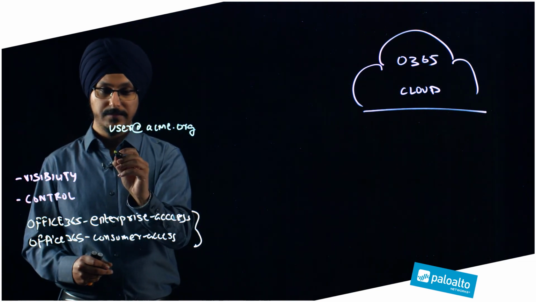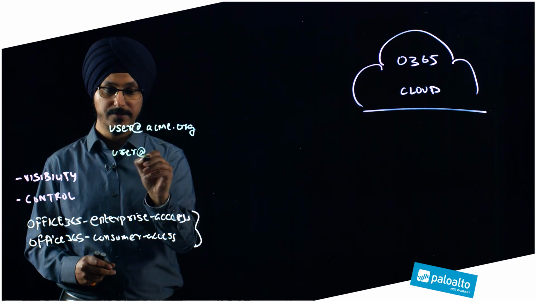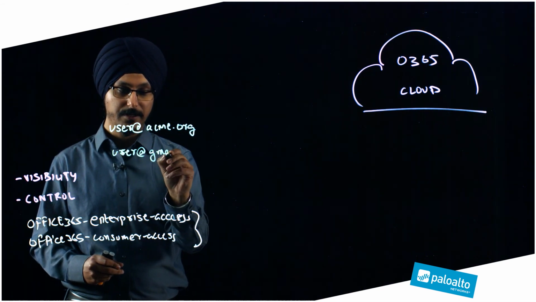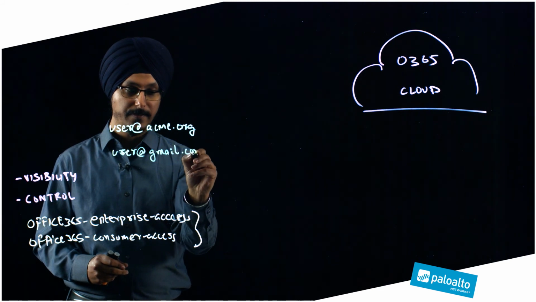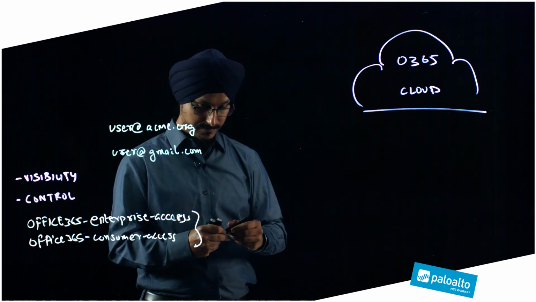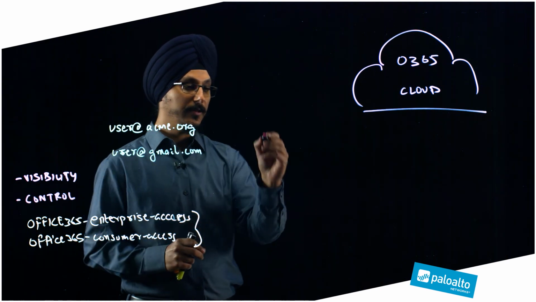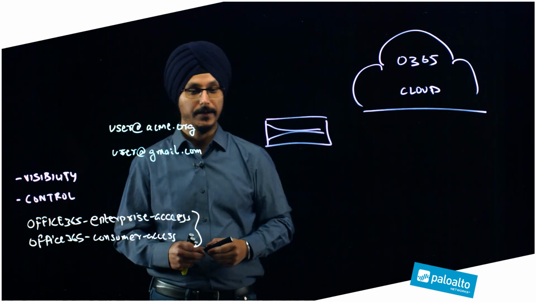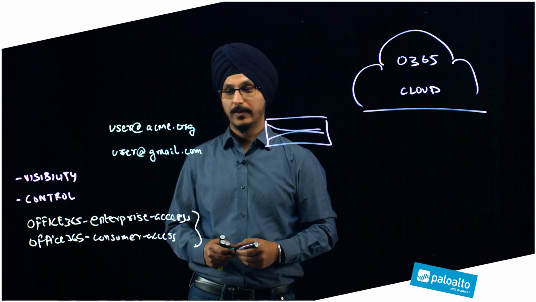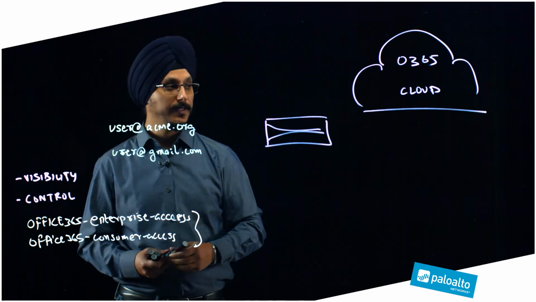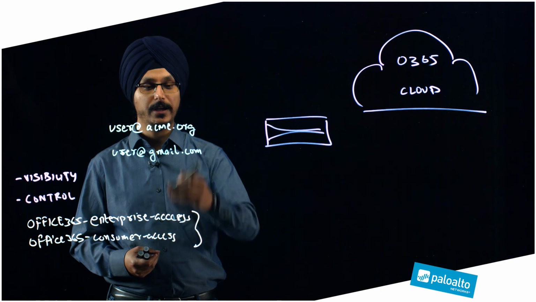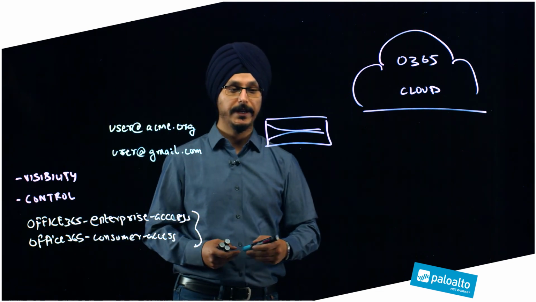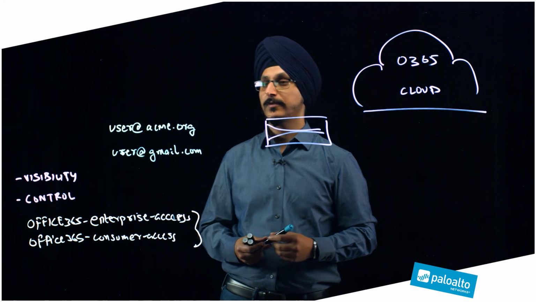And in this enterprise account, you also have a user like user@gmail.com. The Palo Alto firewall is sitting here. So all these different users, when they're trying to access Office 365, they can log in from any one of these usernames. However, what the enterprise wants is to allow access to only sanctioned enterprise accounts for Office 365.